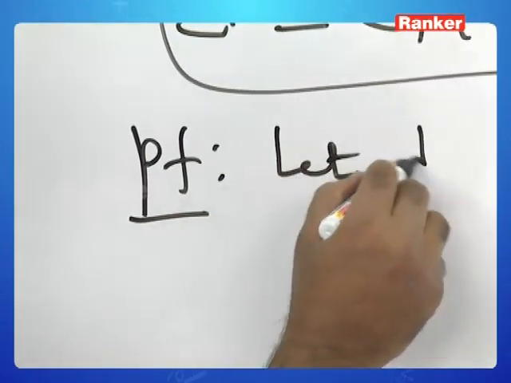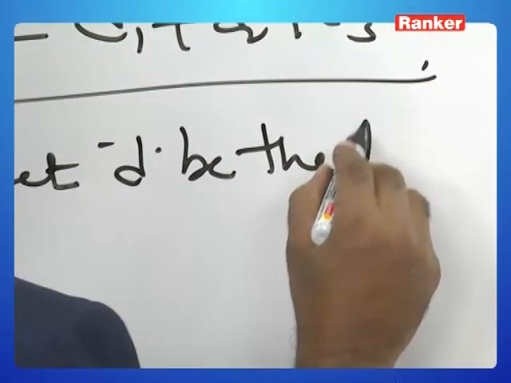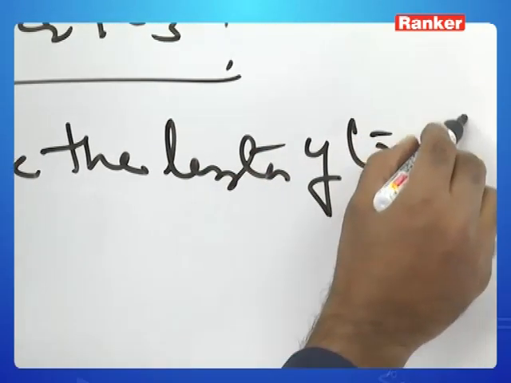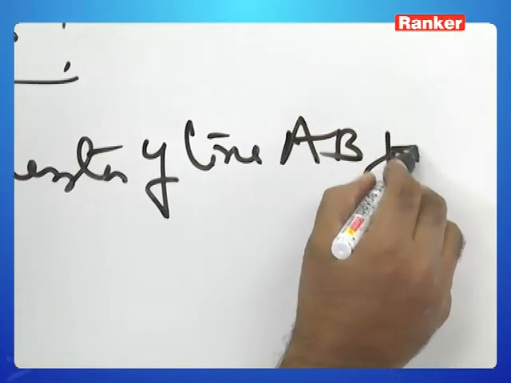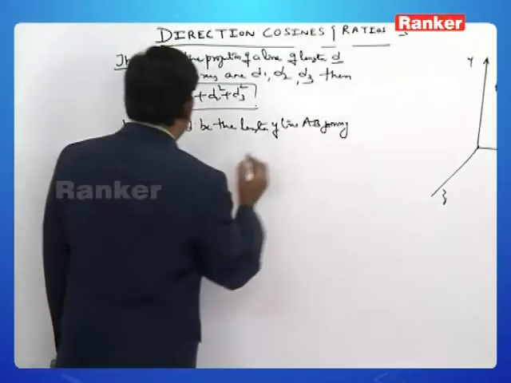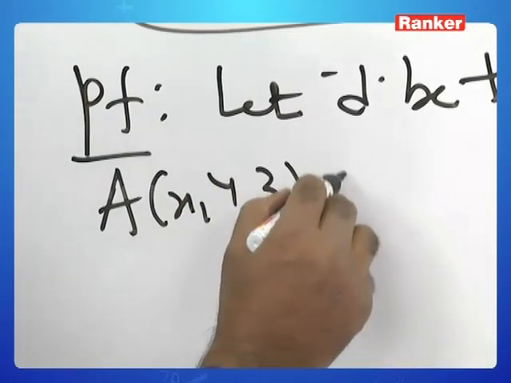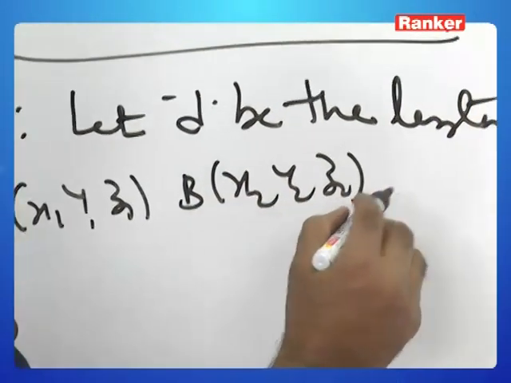Let d be the length of the line AB joining A of x1, y1, z1, B of x2, y2, z2.